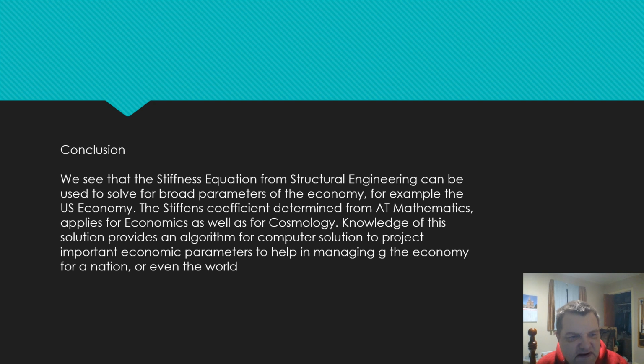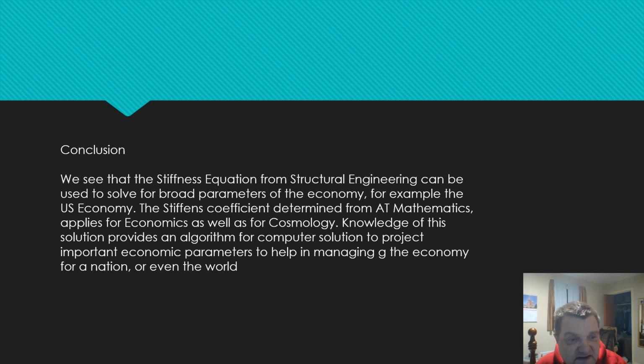So the conclusion, we see that the stiffness equation from structural engineering can be used to solve for broad parameters of the economy, for example, the US economy. The stiffness coefficient determined from AT mathematics applies for economics as well as for cosmology. That's the central theme of this paper, this talk.